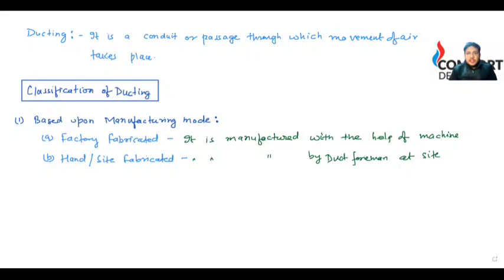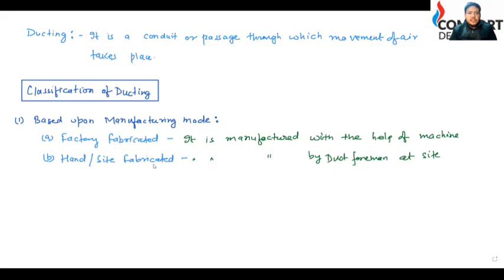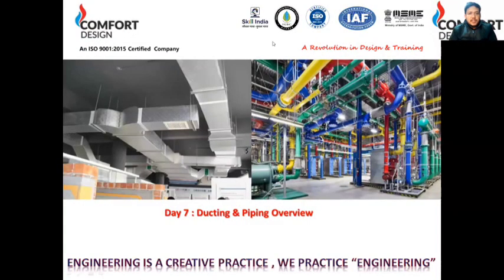Now let us see here. I believe you have seen these types of things somewhere. So this is your ducting, these all things are ducting. With the help of this, the air distribution will be done, right?